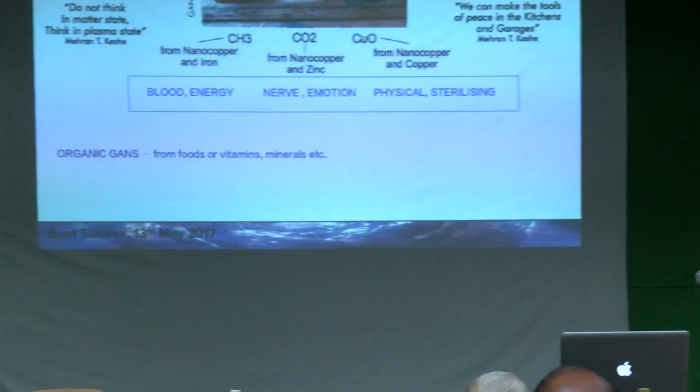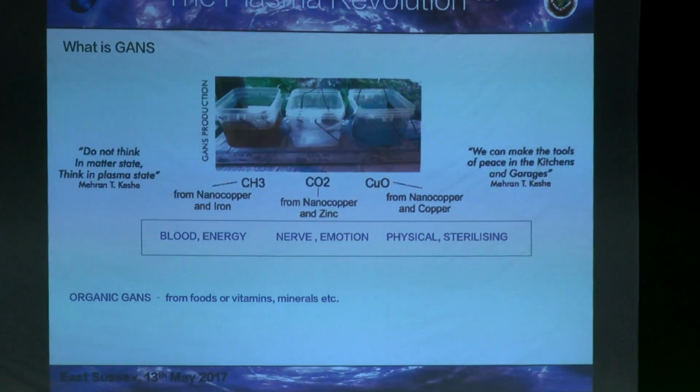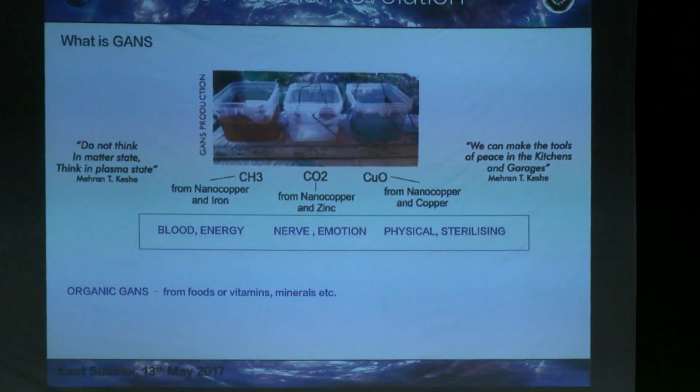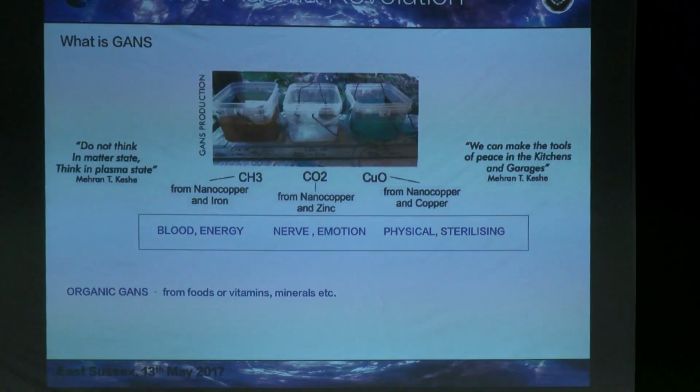From top down, we're taking the field strengths from the principal field and manifesting them down into GAN state. And with the organic stuff, we're breaking down organic matter state materials, and tightening their energy fields back up into GAN state. So we're kind of re-energizing the matter up into GANs, and we're weakening the principal light down into GANs. So it becomes a bridge from both realms. It meets in the middle, if you get that.